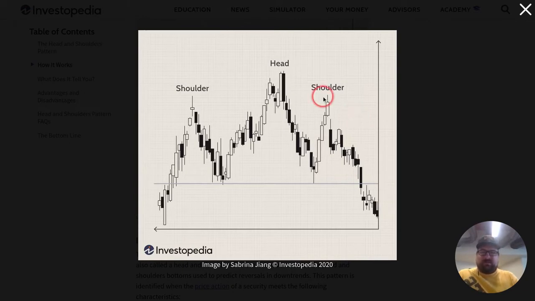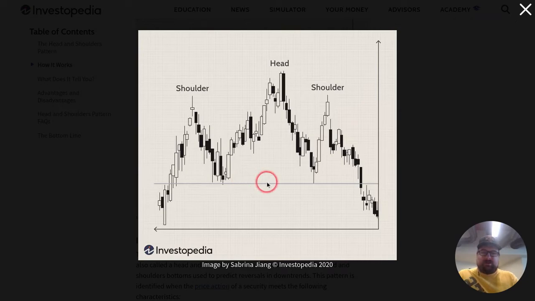So who cares? What does this mean? It means that we are reversing trend from an overall uptrend to a theoretical maximum here, and then we will be going to a downtrend in the future. So does that mean it's going to go down forever? Not necessarily. In this perfect scenario, we have this line which is called the neckline, and that's going to be our predictive indicator.